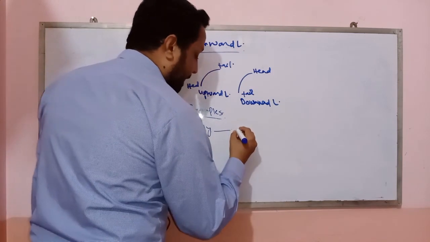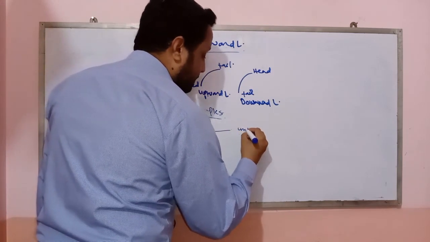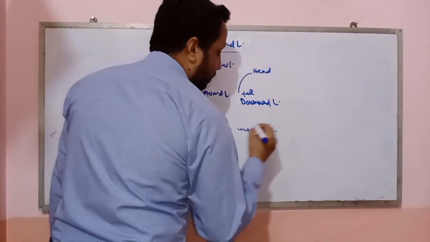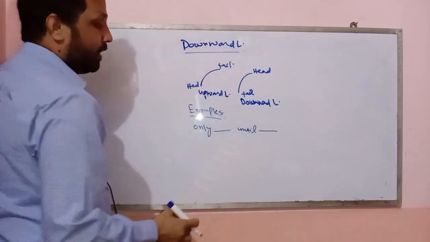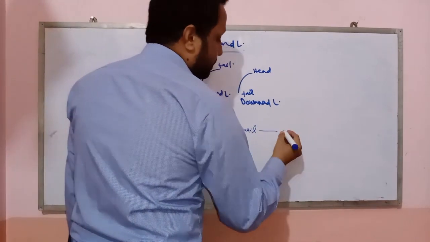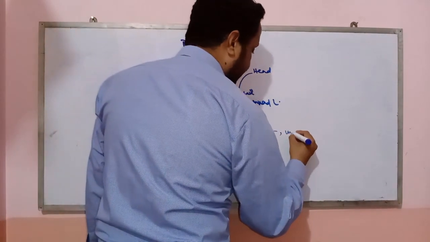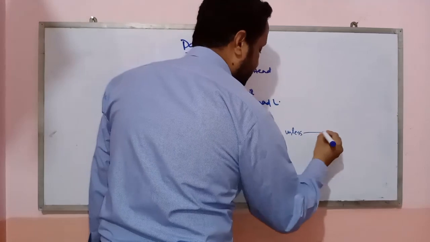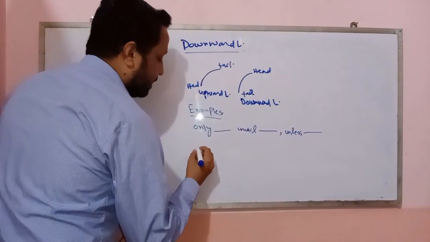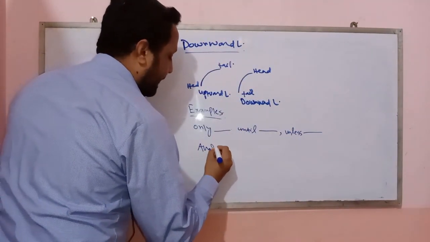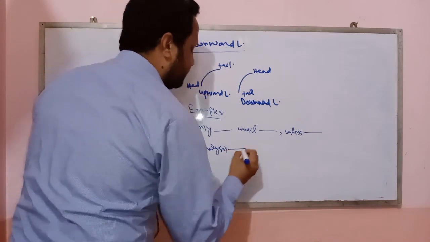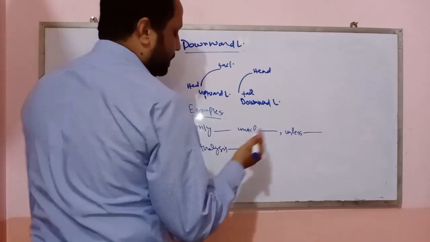We have the word until, and we draw the outline of this word. Until, only, unless. We have the word analysis, and we also draw the outline of this word.